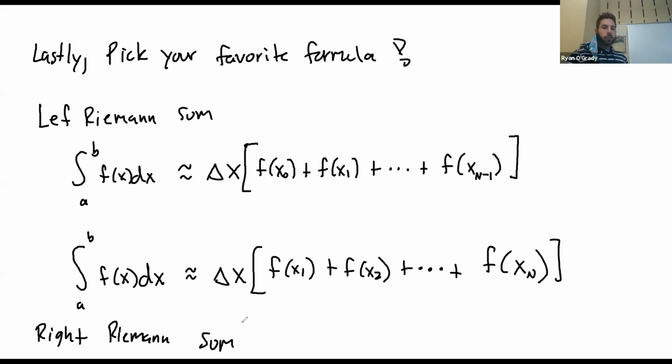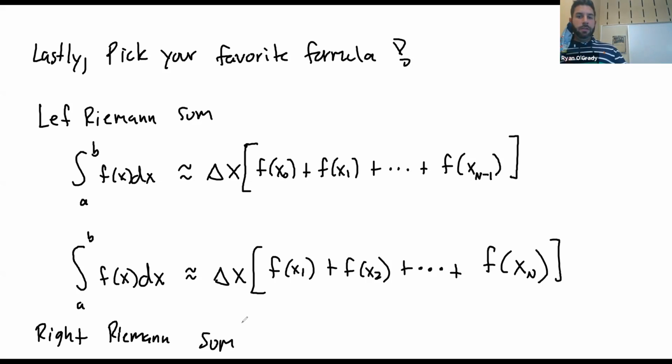Now, as we alluded to, these are usually the least accurate versions. And we spent some time discussing why. And we're not going to spend any more time on that. We'll let you investigate that if you want.